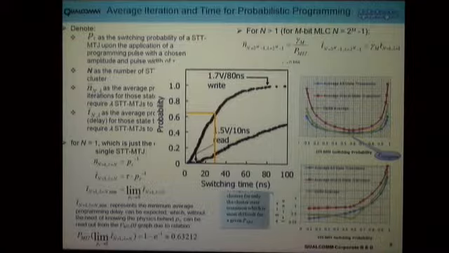That's the minimum programming time we can reach with probabilistic switching. In this case, it is 28 nanoseconds, which is much smaller than the one used for deterministic switching, 80 nanoseconds.